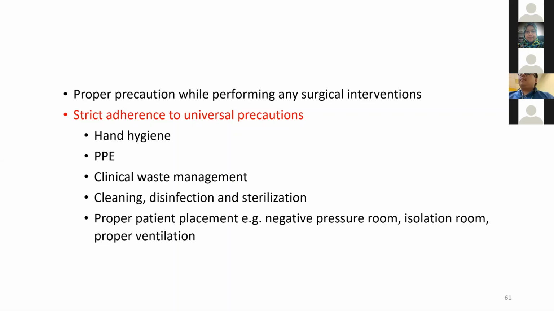Another important point is proper patient placement, where ideally a negative pressure room or negative pressure OT is required, or if resources are limited, you might end up using an isolation room, and the ventilation needs to be proper.